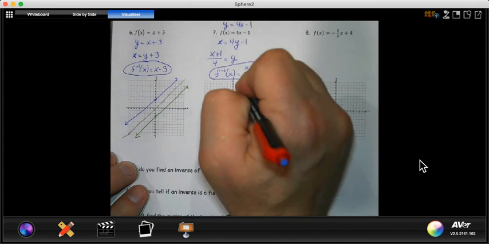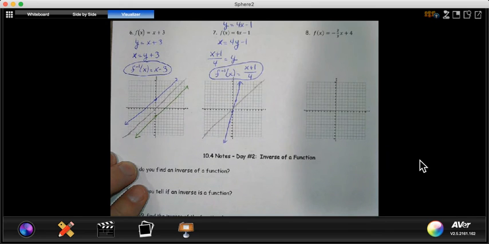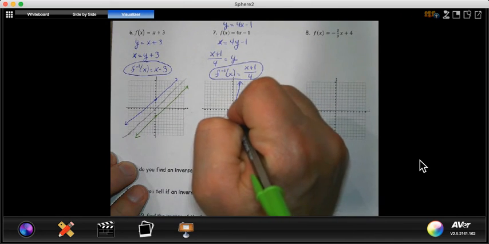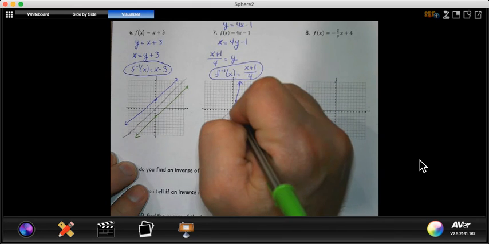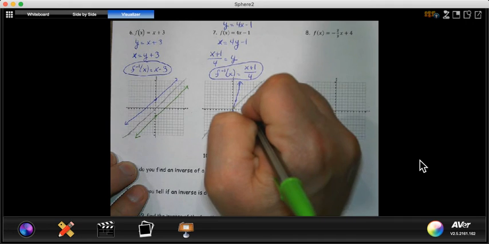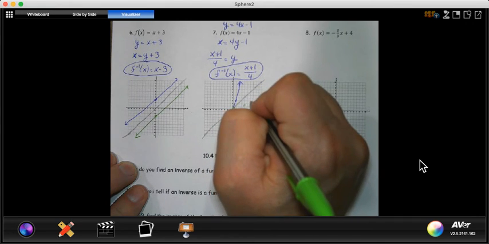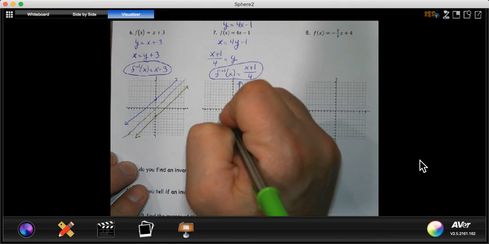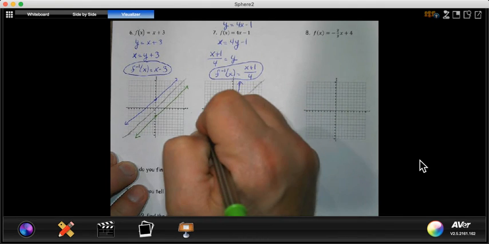So there's that. And I'll do the inverse in green. It's got an intercept of 1/4 and a slope of 1/4. So up 1 and right 1, 2, 3, 4. Down 1 and left 4. So it's that guy.